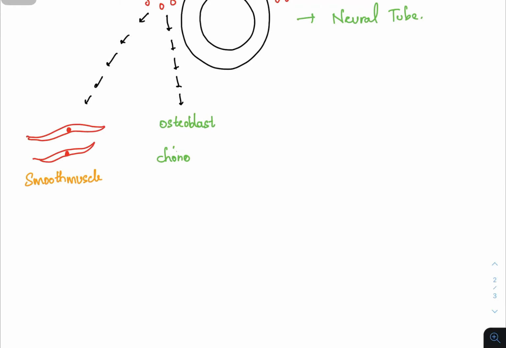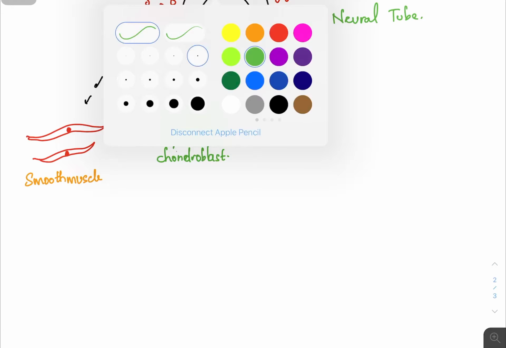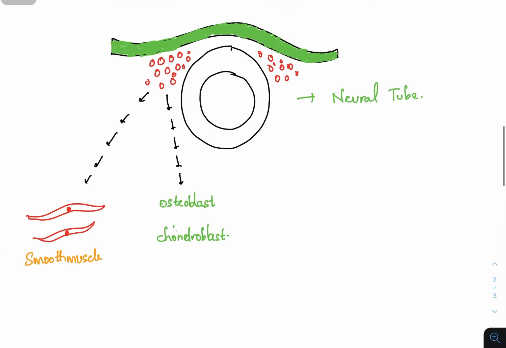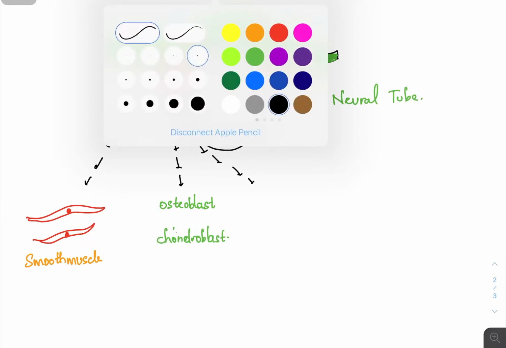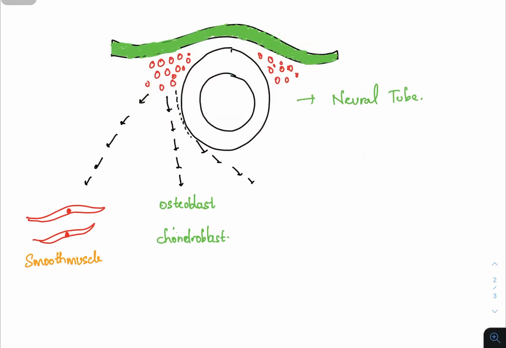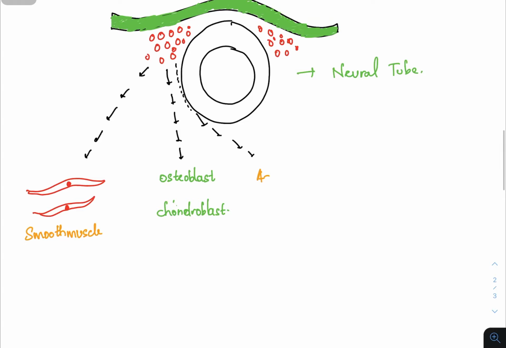I hope you know what osteoblast and chondroblast are, right? Next, these neural crest cells also migrate everywhere like this, I mean to distant places, and these neural crest cells also form another special structure called adipocytes.